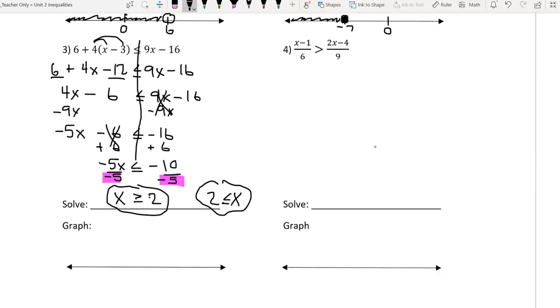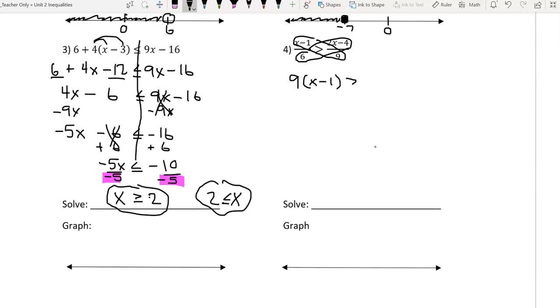And our last one. We hit these kind of hard last unit, proportions. So we still cross multiply, okay? But what changes is that it is mandatory that x minus 1 stays on the left, because it is bigger than 2x minus 4. So we have x minus 1 being multiplied by 9.